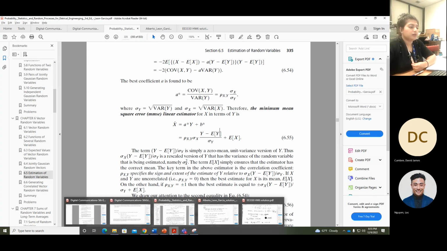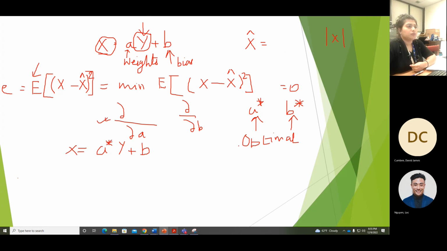So once you find out A star and B star, you have to put it back into this x star. Oh, sorry, x hat. Then in the next cycle, you find out E dashed. What is E dashed out here? This is again the expected value of the error between this one minus whatever is out here.